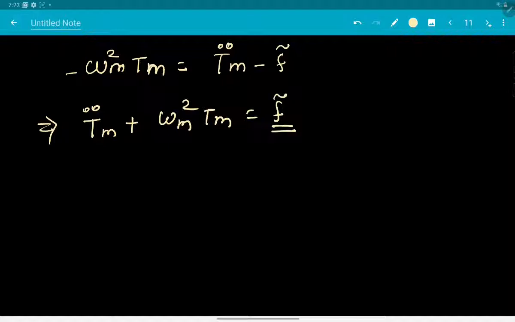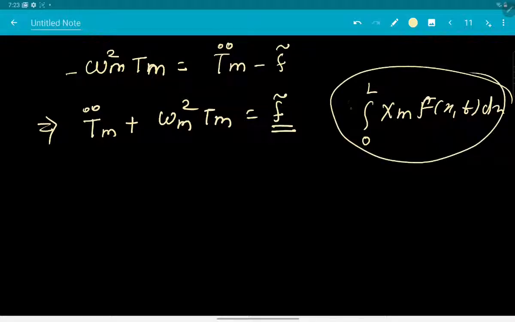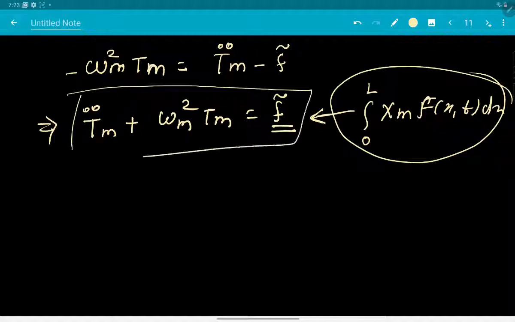This is one value, which is coming because of integration 0 to L Xm f of x,t dx. So whatever comes out, the answer of this integration is what is f tilde. This is a scalar, and these are an infinite number of single degree of freedom systems.